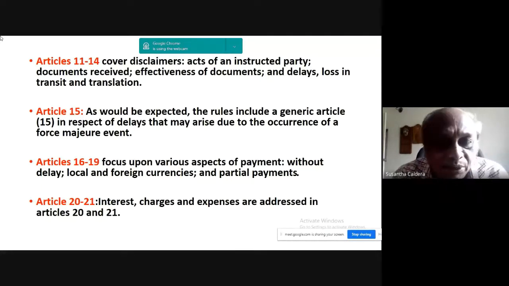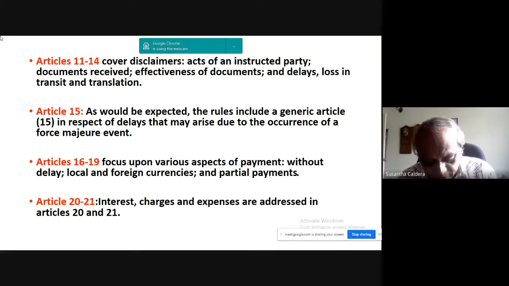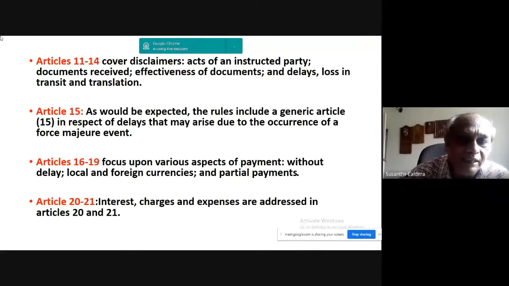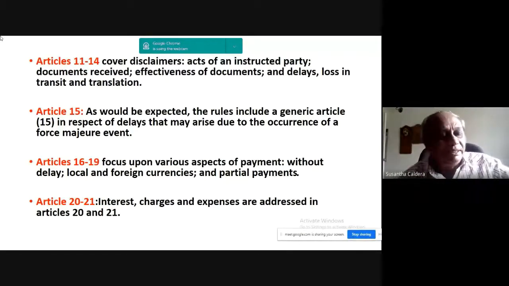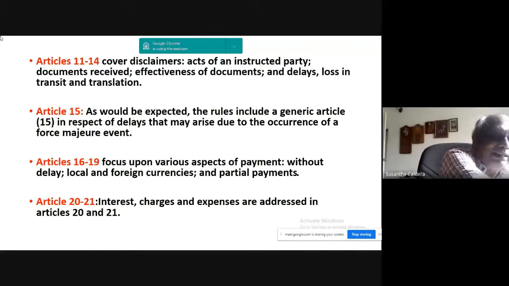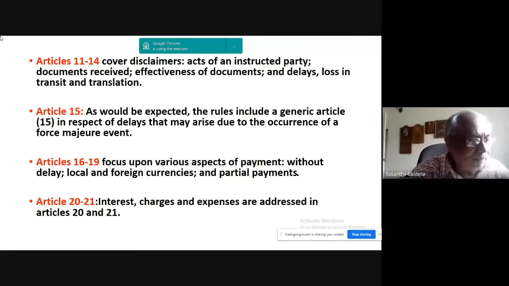Article 16 to 19 focus upon various aspects of payment: without delay, local and foreign currencies, and partial payments. Article 16 is payment without delay.